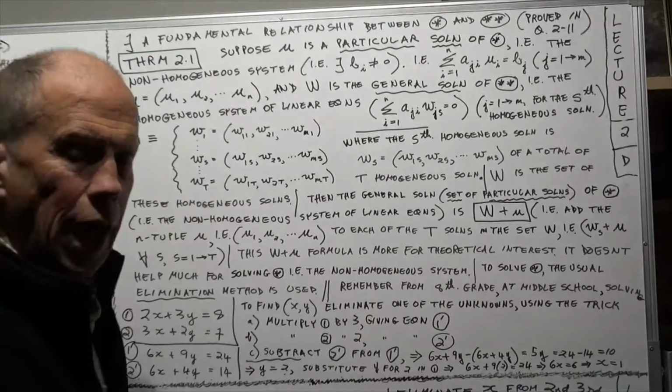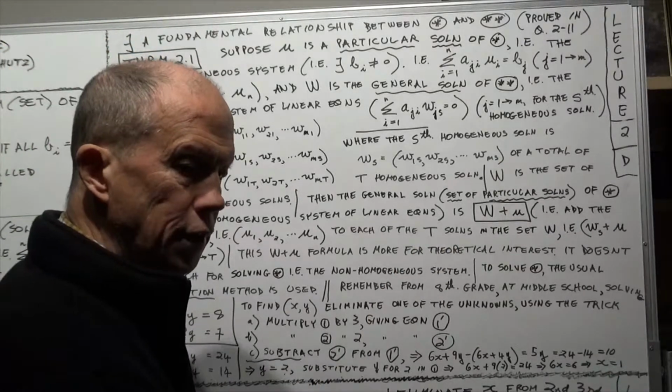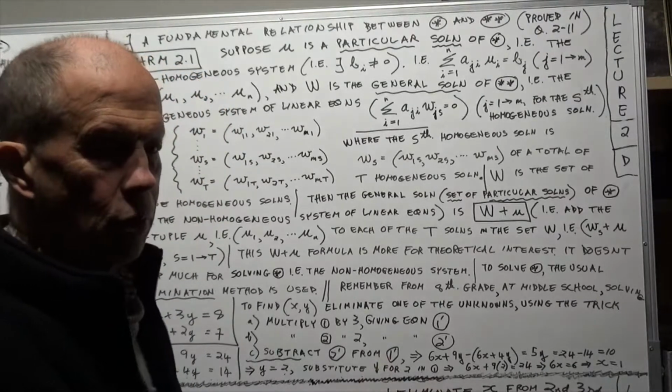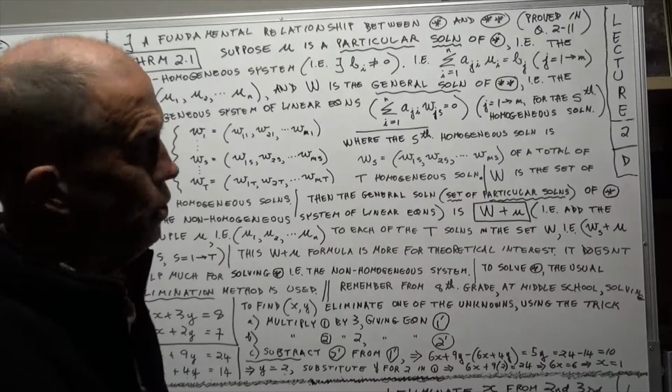So how do you go about finding the general solution that includes all possible solutions?